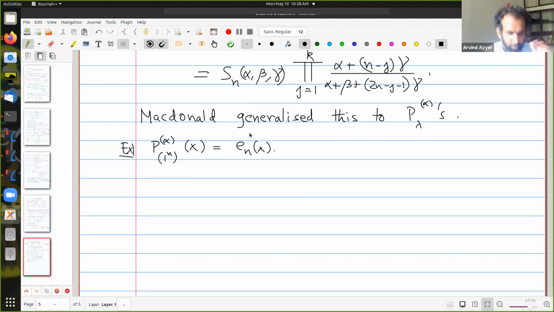And somehow he visualized all this in some way, and he came up with this conjecture. So this is known as Kadell's integral, but Kadell's contribution is, quote unquote, only to prove this formula. So this was conjectured by him.